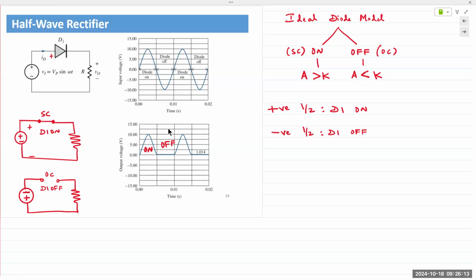It's not fully DC, but it's at least moving only in the positive direction. And also, this is just the first step in creating a DC power supply. One of the most important of the next steps would be to apply a component that would actually create a flat line.